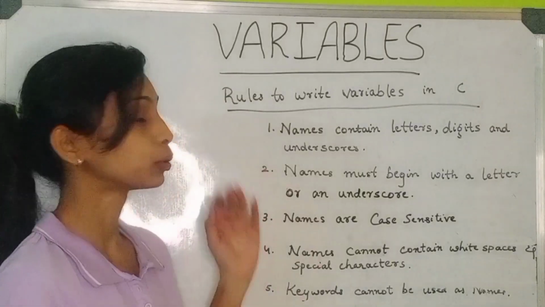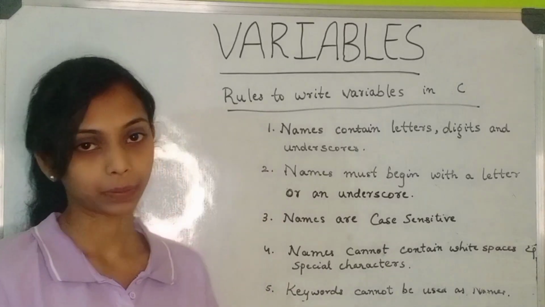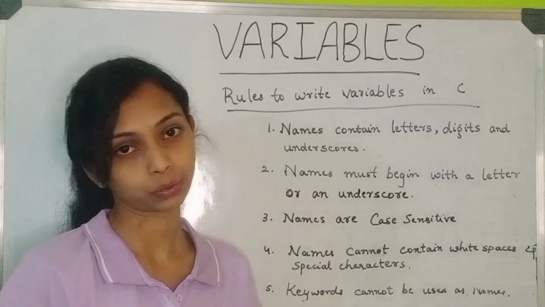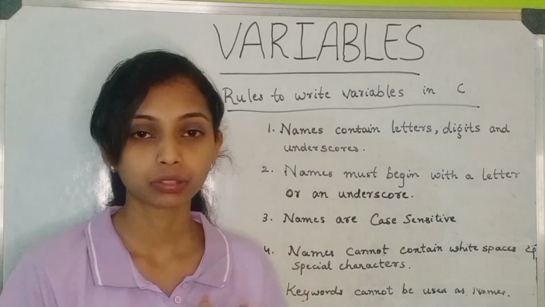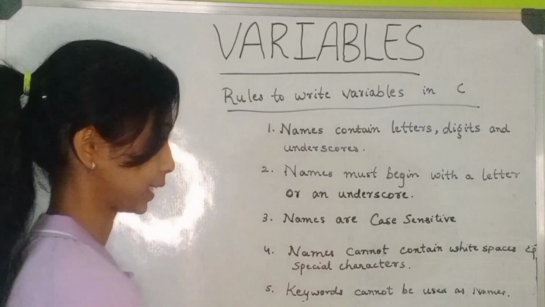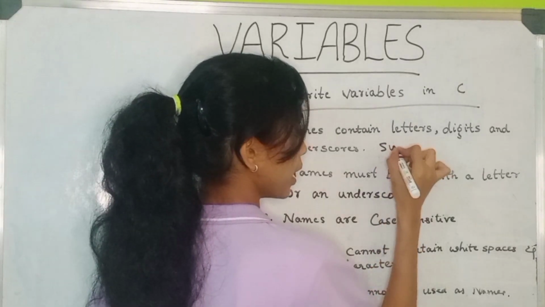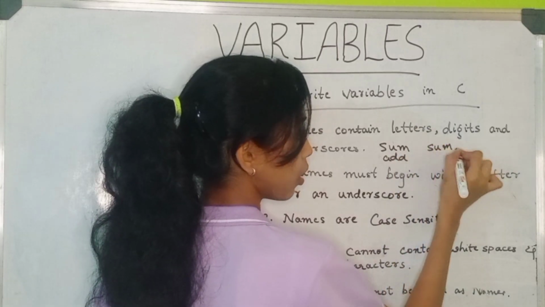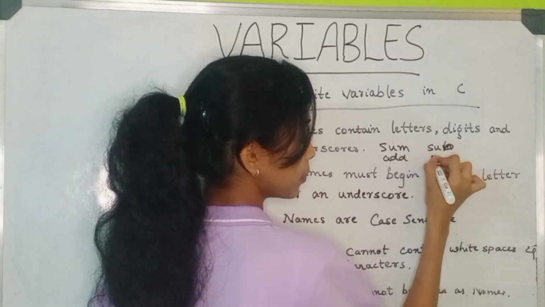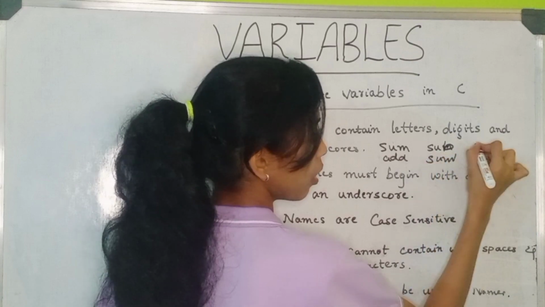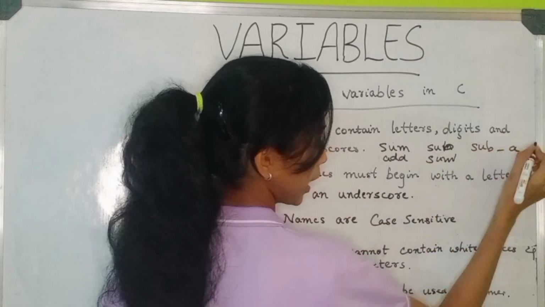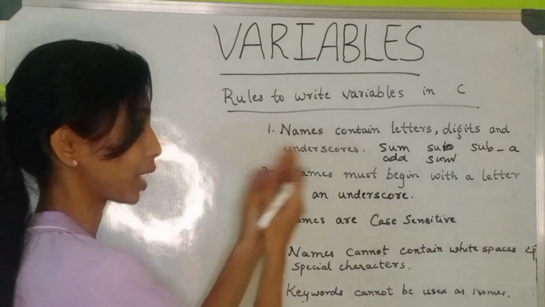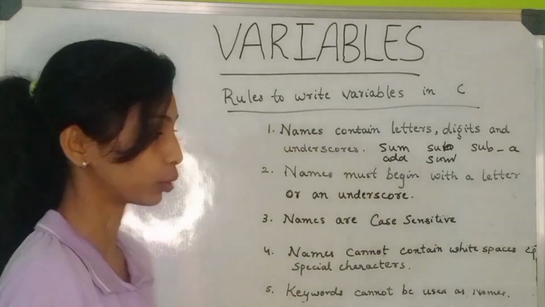So now let us see the rules to write variables in the C programming language. The very first rule is names can contain letters, digits and underscores. For example, the letters SUM, ADD, SUB, SUM1, or SUB underscore A. This set of variables is valid in the C programming language.